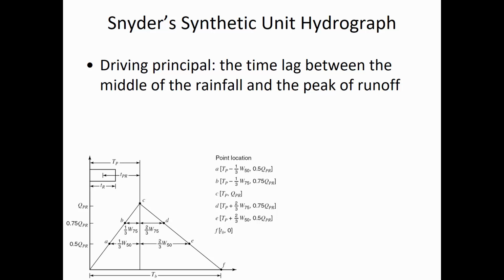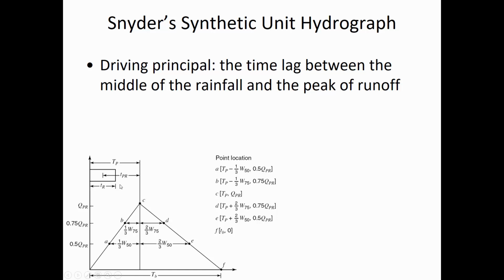In the Snyder synthetic unit hydrograph method, it assumes that there's this peak, and the time to peak is approximately 1/3 of the total width of time, the increasing flow rate, and then it tapers back down to 0, 2/3 of the width of the total duration of flow.